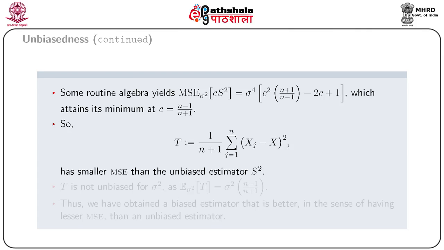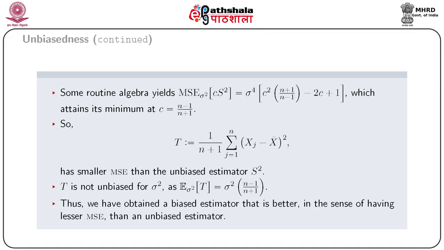Clearly, T has the minimum MSE among all estimators of the form cS square. But T is not unbiased for sigma square, since expectation of T equals (n minus 1) by (n plus 1) times sigma square.